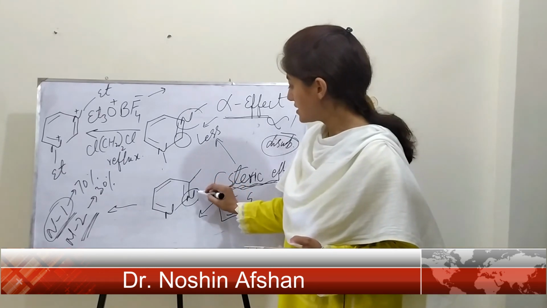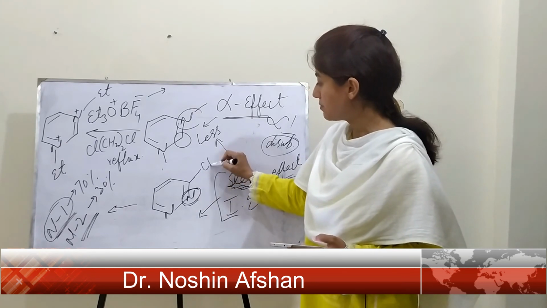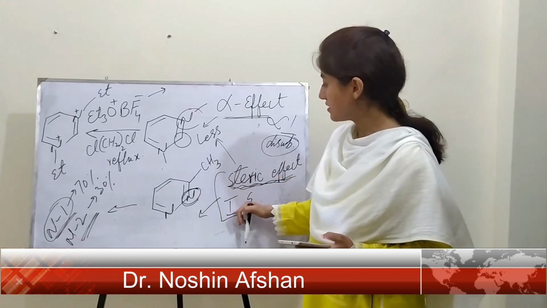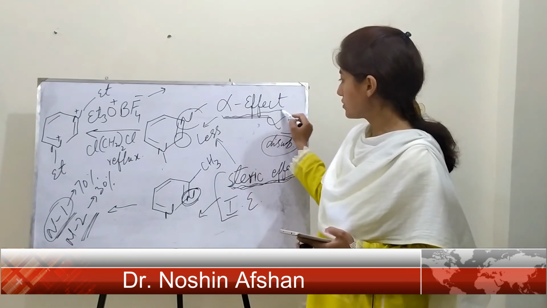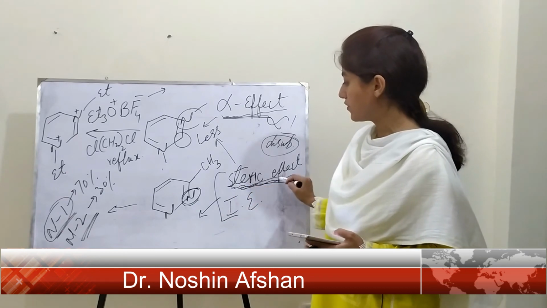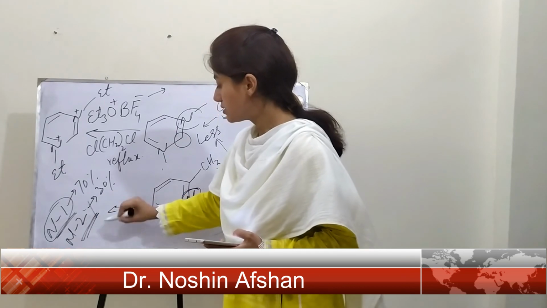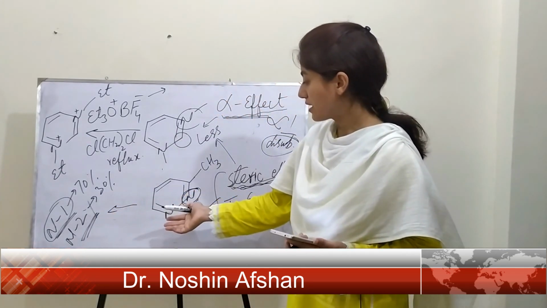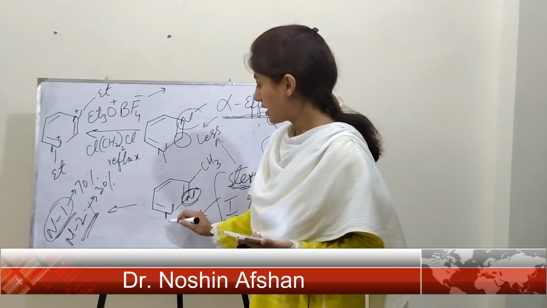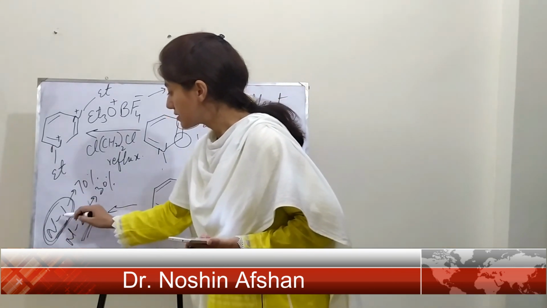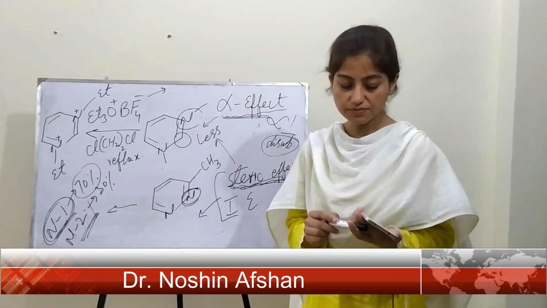And no doubt this nitrogen 2 is highly electron rich because of the presence of this methyl group that is inductively electron donating, but still due to influence of this alpha effect and steric hindrance, the N2 cannot be highly favorable, and the N1 gets alkylated at a higher yield.